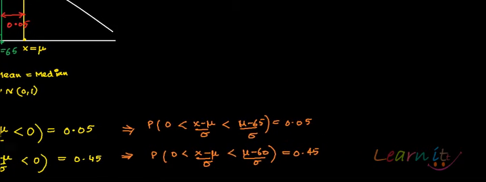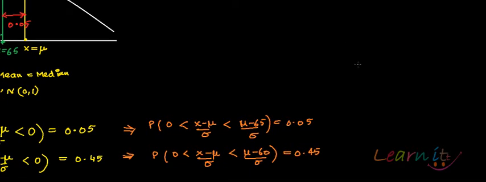You have gathered till now that mu minus 65 upon standard deviation is 0.13.